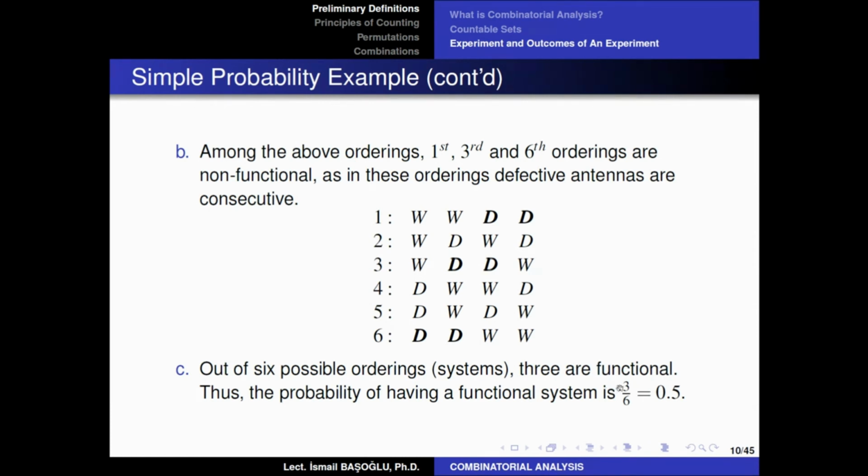And the number of possible functional systems divided by the number of possible orderings has given us the probability of having a functional system. So this is how we have calculated probability. Therefore, in real life, some probability questions can easily be answered by just counting the number of outcomes in a random experiment.